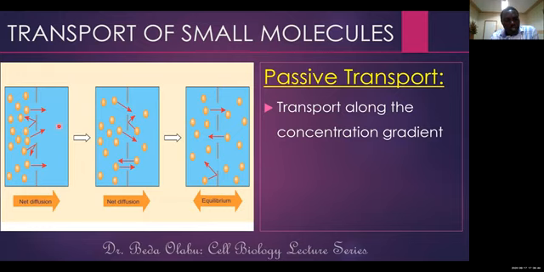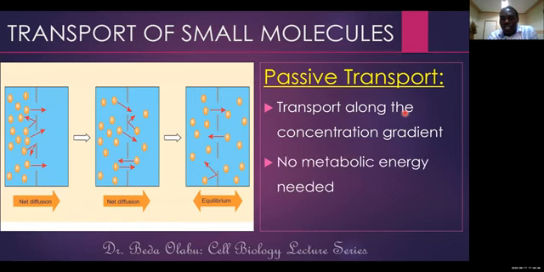So what happens with time? With time, we see this molecule is moving to this region until an equilibrium is achieved. When molecules move along their concentration gradient, you call that passive transport.